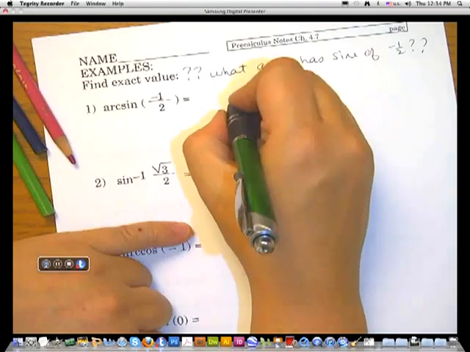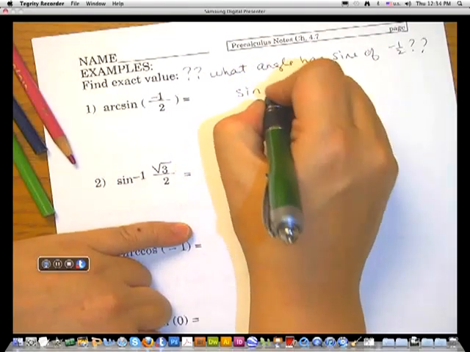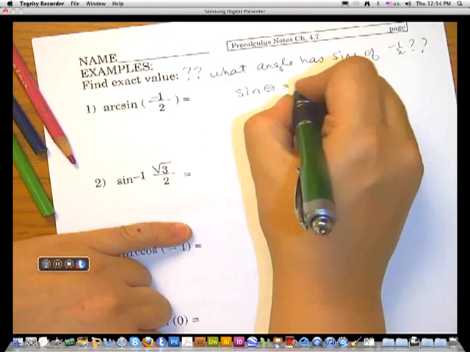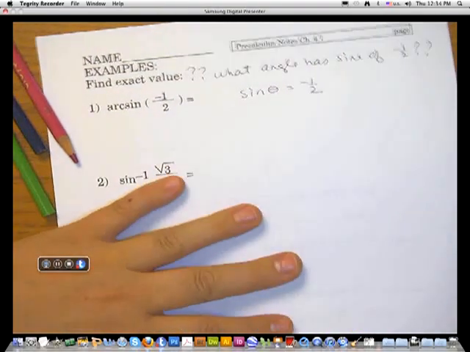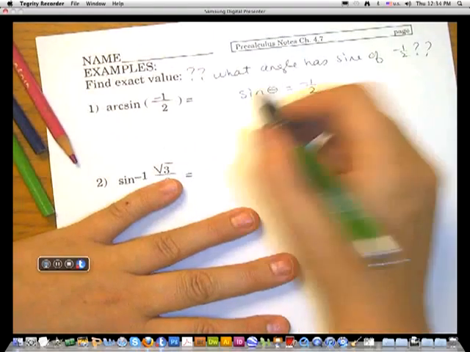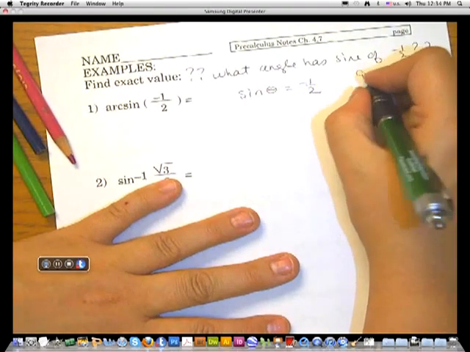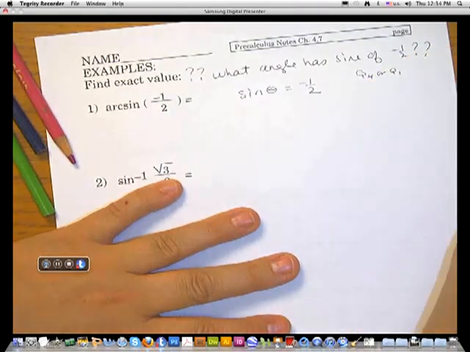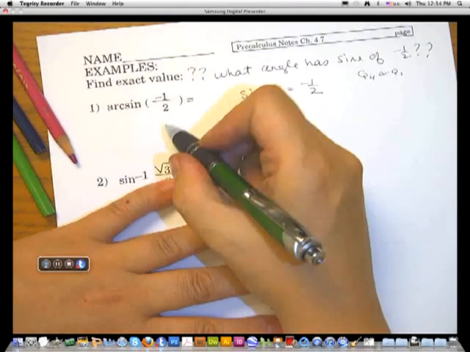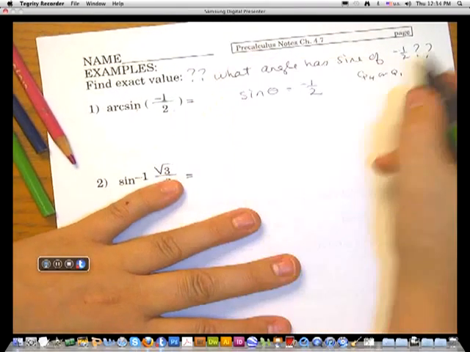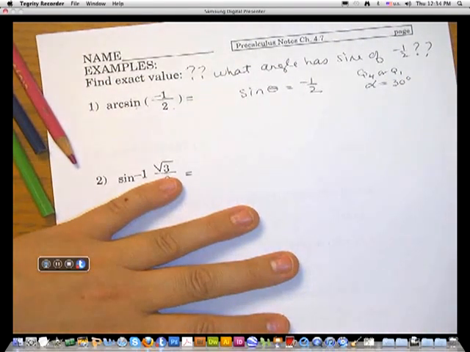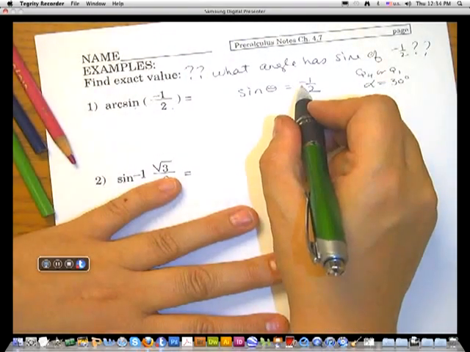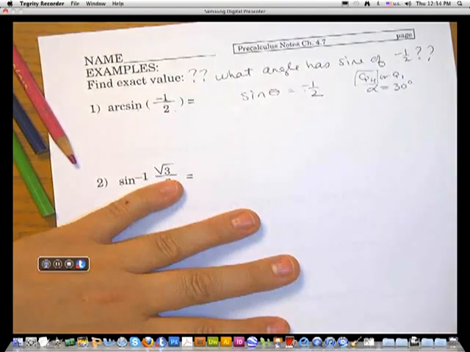So what we're looking for is what angle has a value of negative 1/2. Well, we should know negative 1/2 sine is either quadrant 4 or quadrant 1. And sine of 1/2 is the reference angle of 30 degrees. So if I'm negative, I'm in quadrant 4.